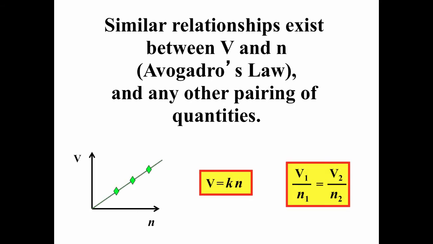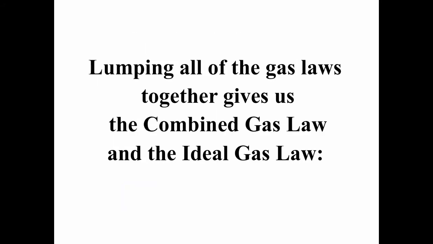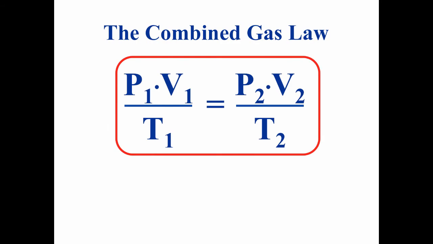If we do that, we can lump all of these individual gas laws together to get two things. One is known as the combined gas law, and the other is known as the ideal gas law.